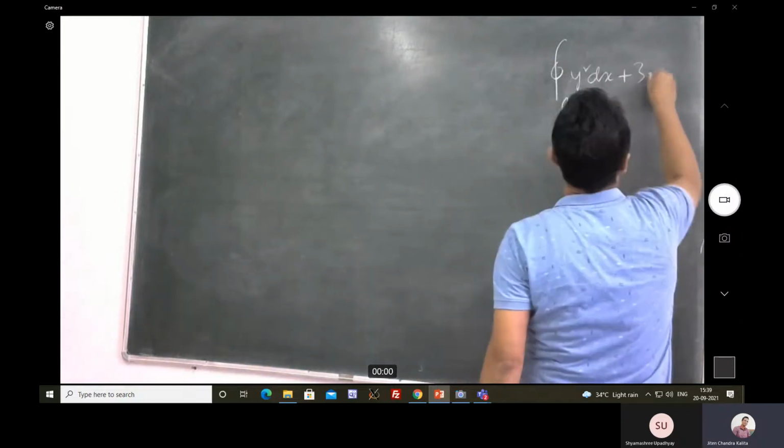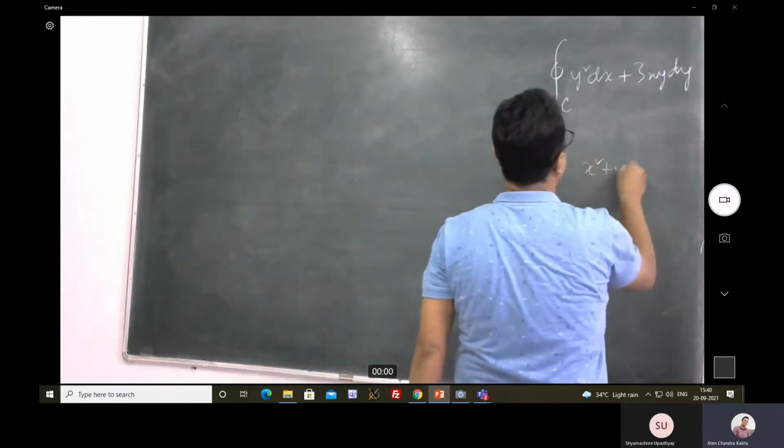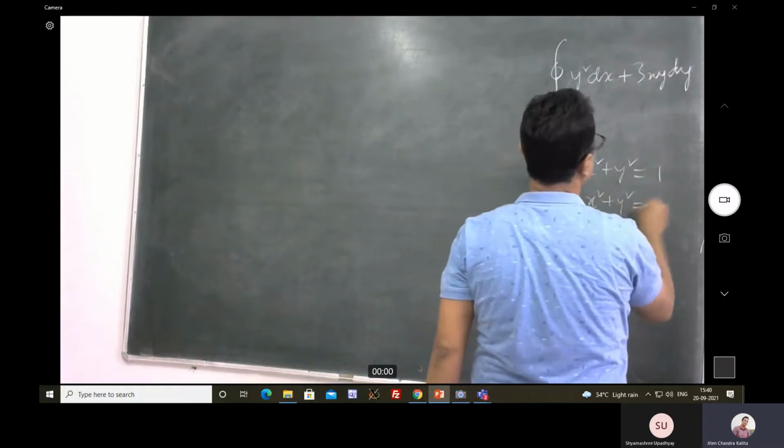You have to evaluate the line integral of ... dx plus 3xy dy, where C is the boundary of the semicircular region D in the upper half plane between the circles x squared plus y squared equal to 1 and x squared plus y squared equal to 4.